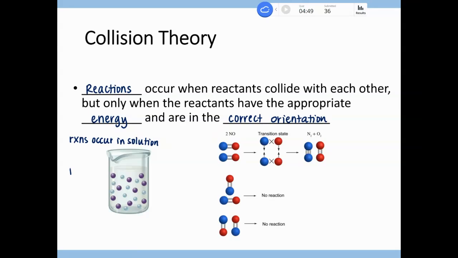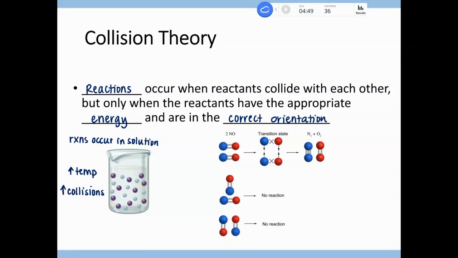And so if you increase the temperature of the solution, you're increasing collisions, increasing the likelihood 2 atoms will collide with sufficient energy to then form their new bond and form the product. So that increases reaction rate. Increasing temperature increases reaction rate.